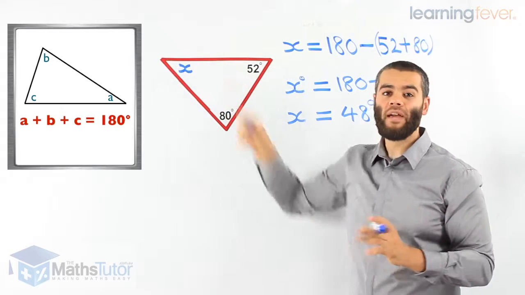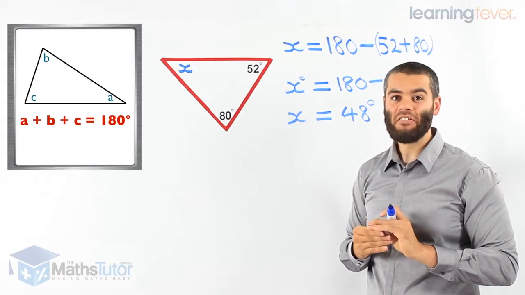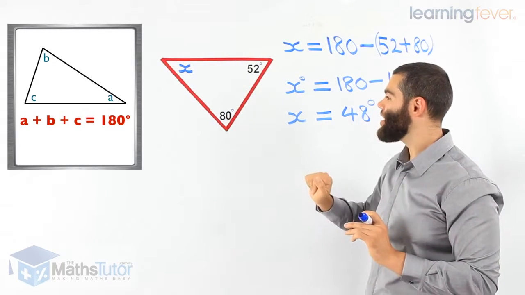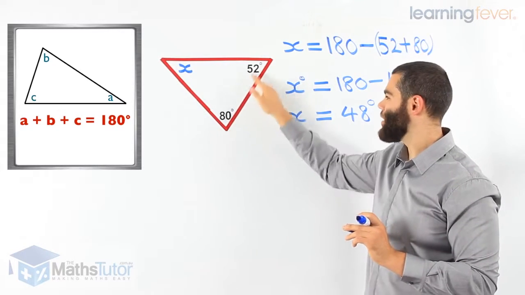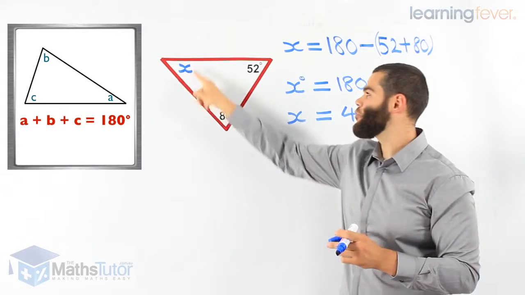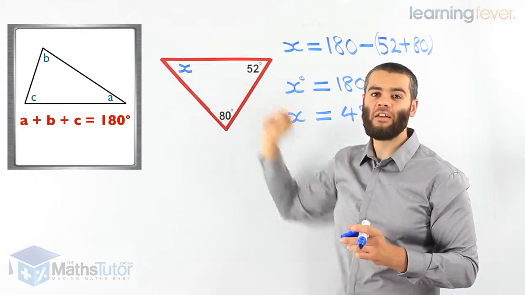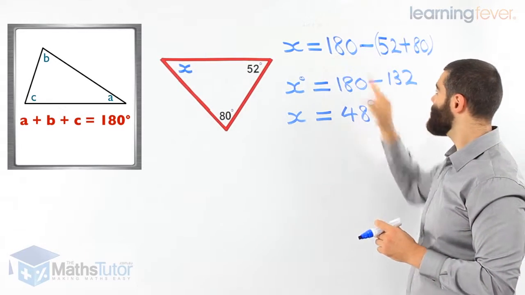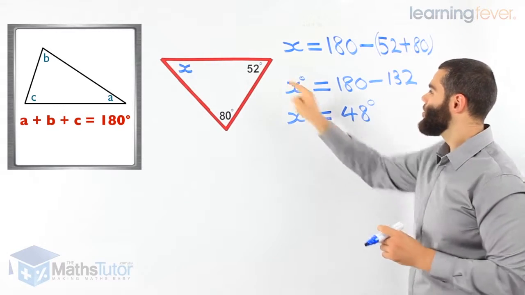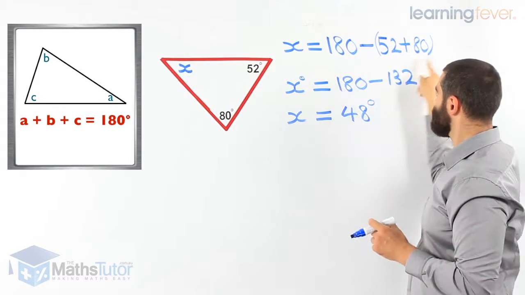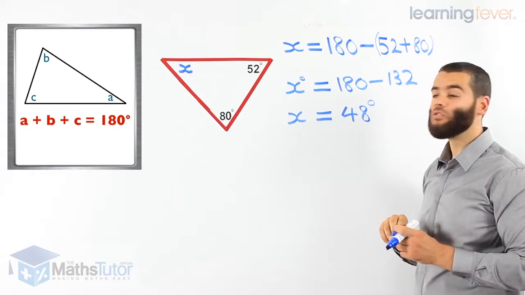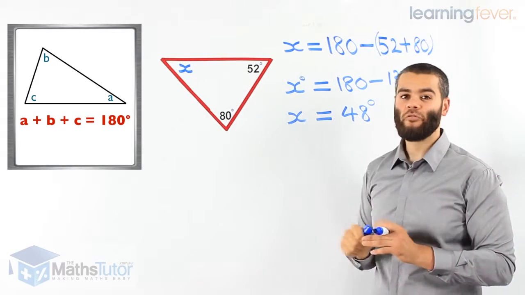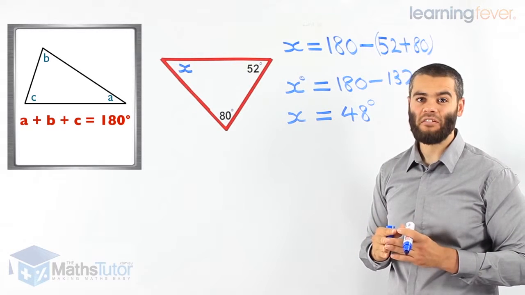We know all of them add up to 180 degrees. 180 minus the 52 and the 80, these two angles together, we're going to be left with what's remaining, which is this angle marked with an X. 180, take away the 52 and the 80, which make up 132. 180 take away 132, X is going to be 48 degrees.